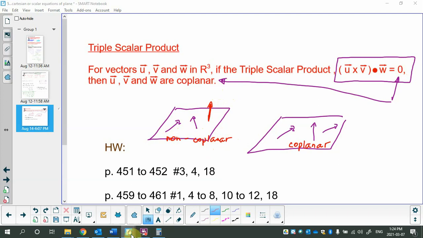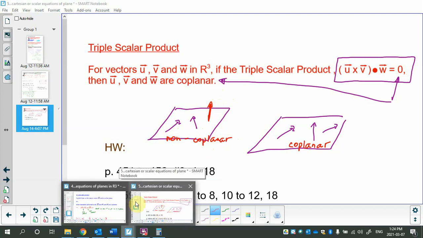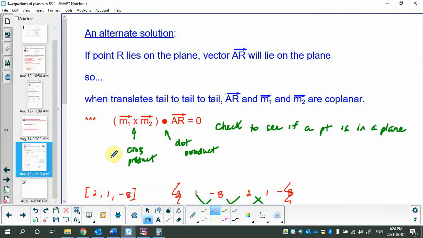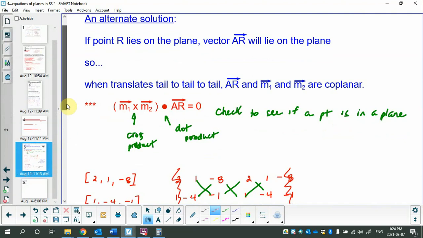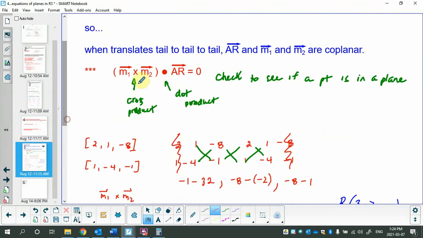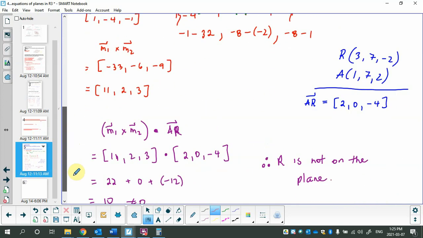So that actually works well with this particular question that we did yesterday. That is, you took the two direction vectors and you dotted it with a known point on the plane and the point that you were testing, to see if it equals 0, and we ended up not.